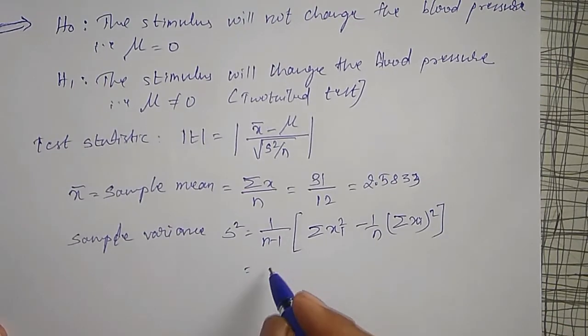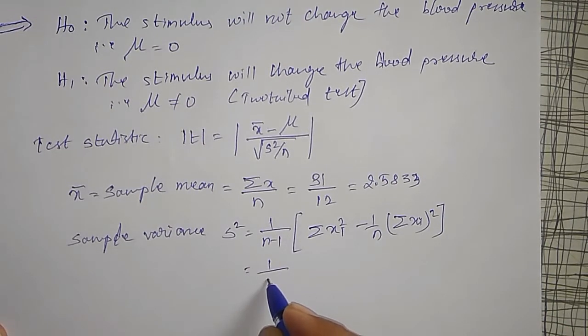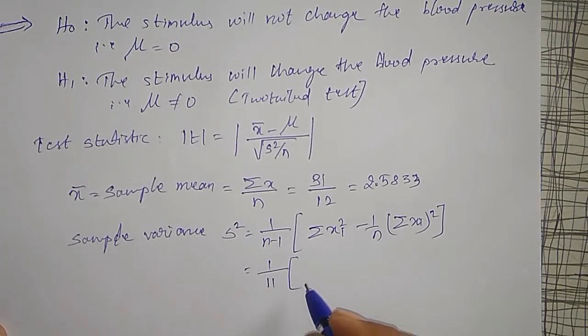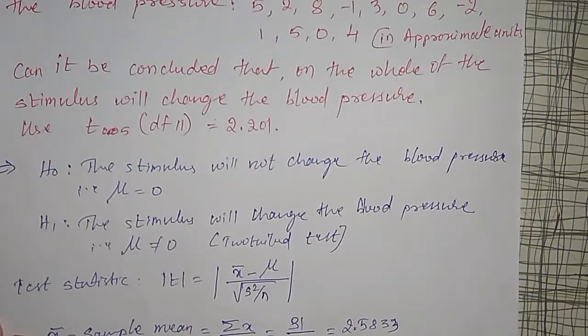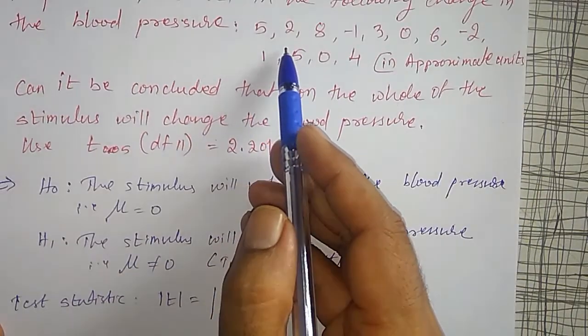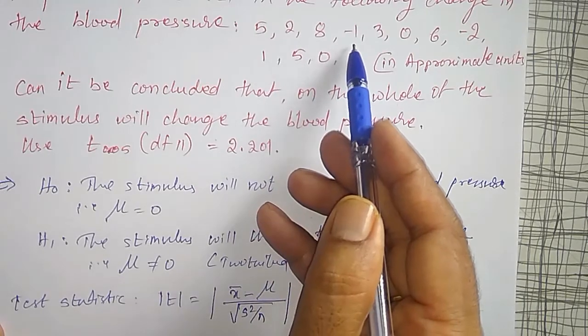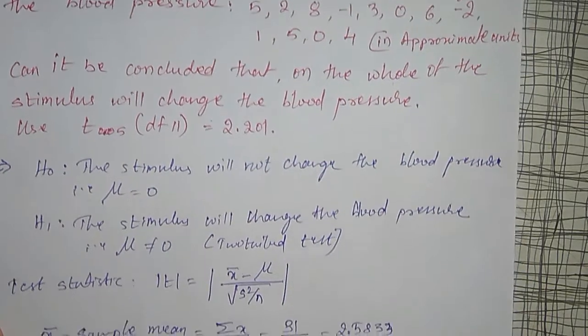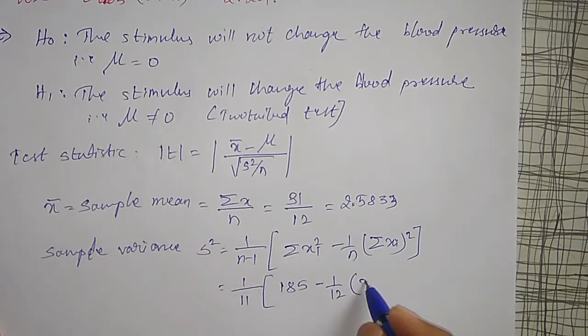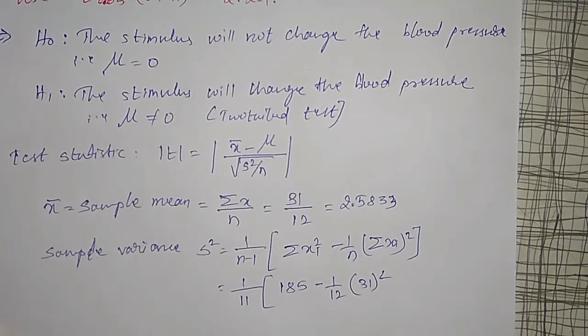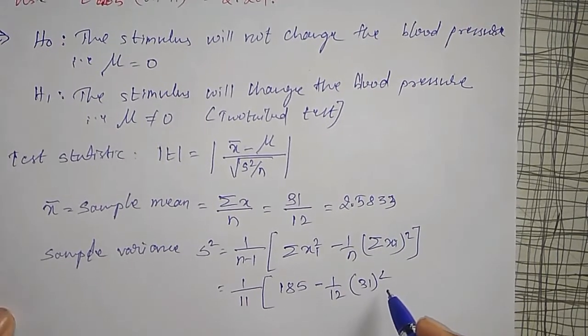Substitute all these things. 1 divided by n minus 1, that is 11, into sum of xi squares, squaring and adding them: 5 square plus 2 square plus 8 square plus minus 1 square plus 3 square, like that, adding all of them, we are going to get it as 185, minus 1 divided by 12 into sum of xi, already 31, 31 square.